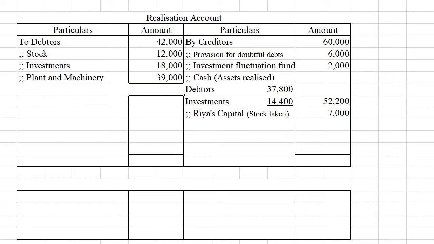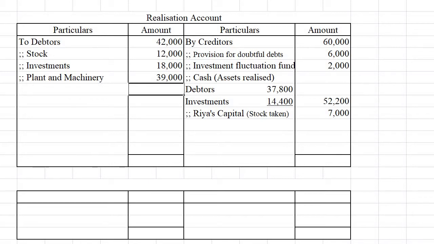So creditors we had 60,000 and plant and machinery is given to them for 24,900. Okay, plant and machinery we had 39,000 and it is realized at 10% less. That means 35,100 we have paid to creditors. Out of the 60,000, we have paid to creditors 35,100.